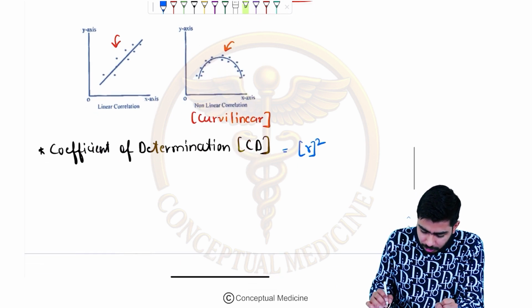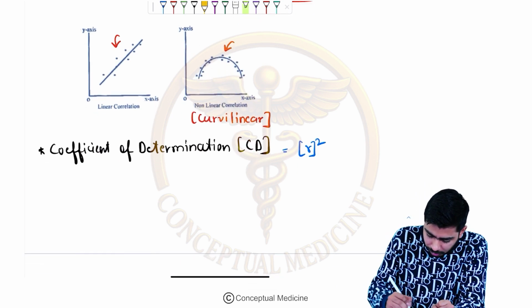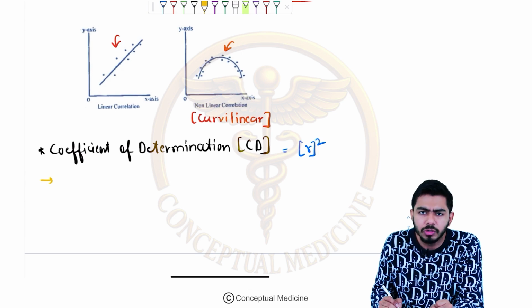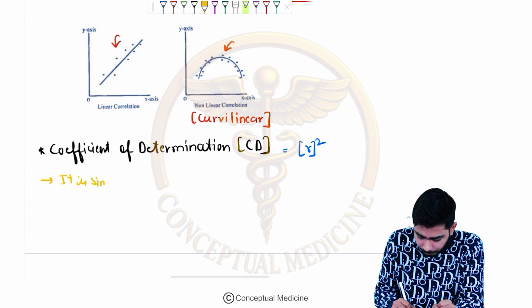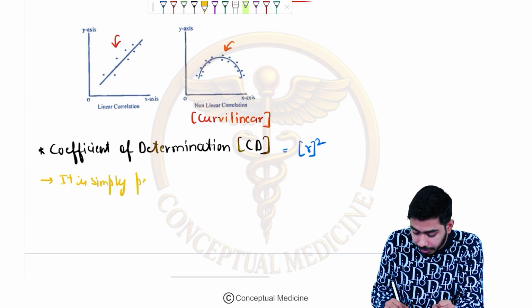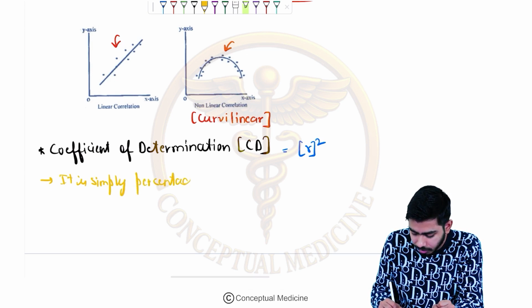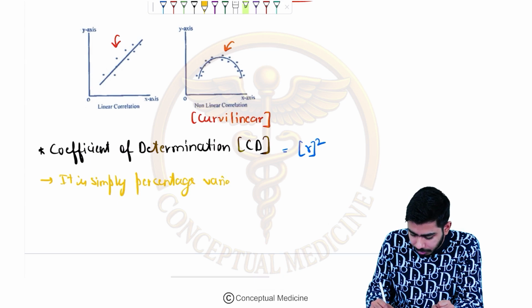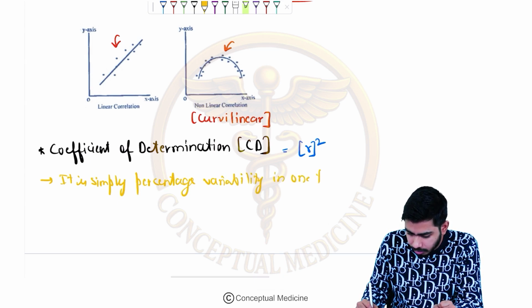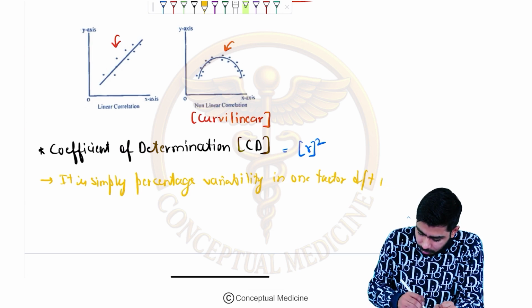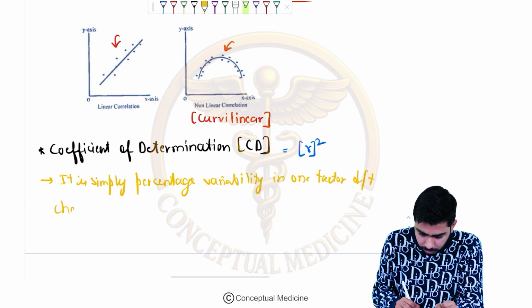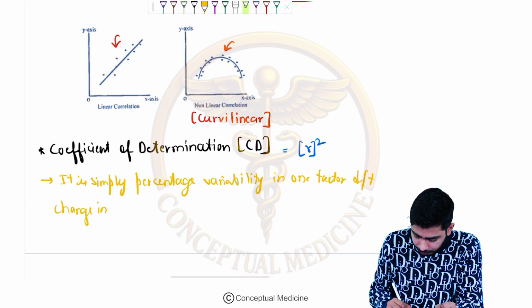What do I mean by that? It is simply percentage variability. Now listen to me very carefully. Percentage variability in one factor due to the change in another variable, right?